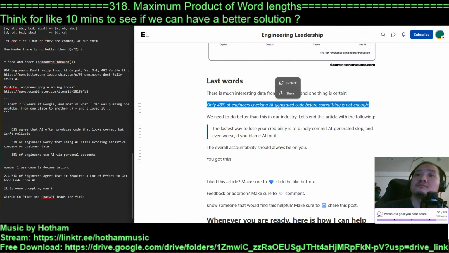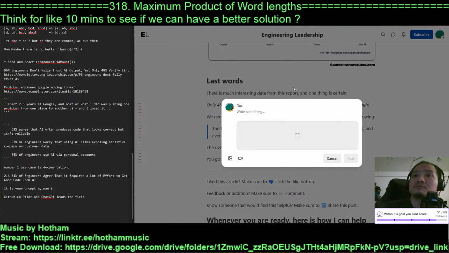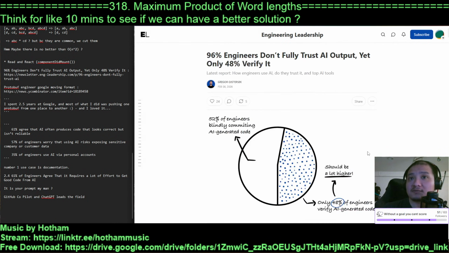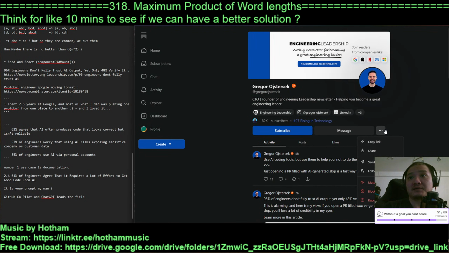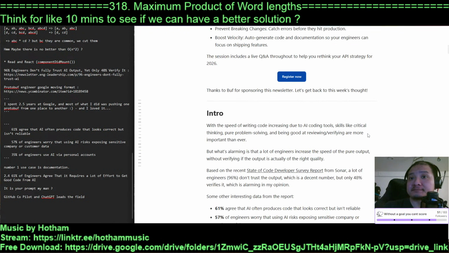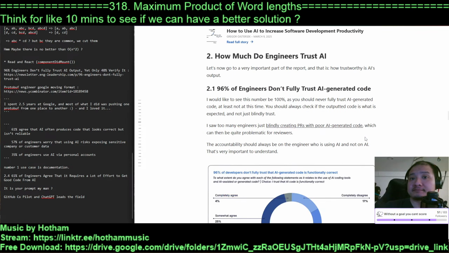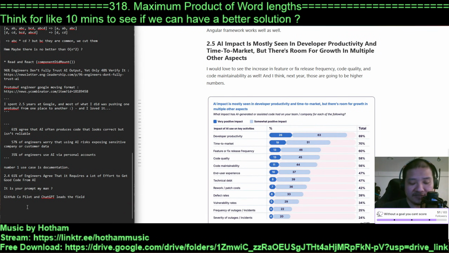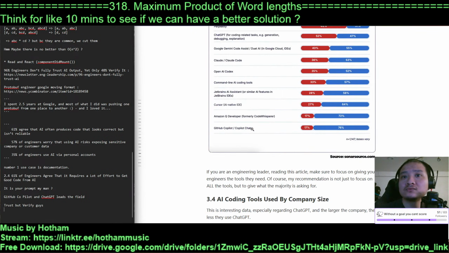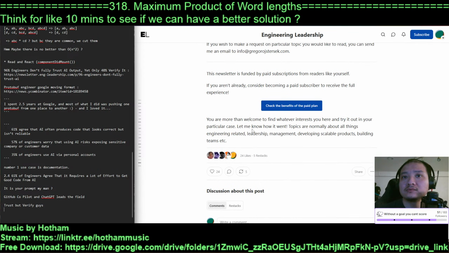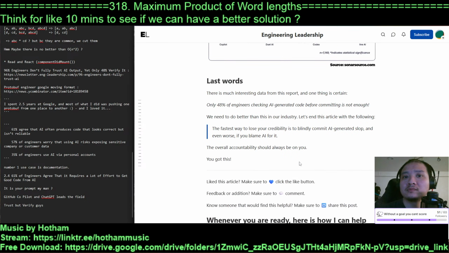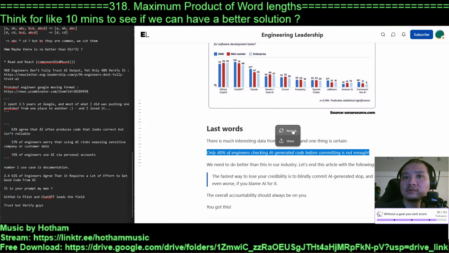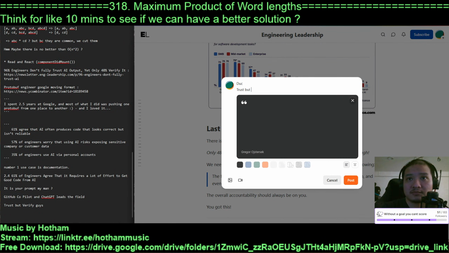Hmm. Let's follow the guy first. Basically trust but verify, guys. Trust but verify.